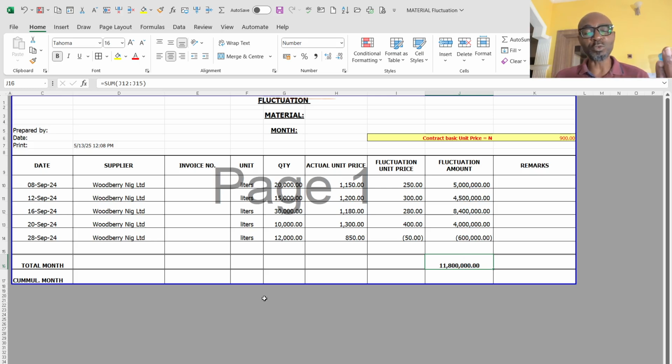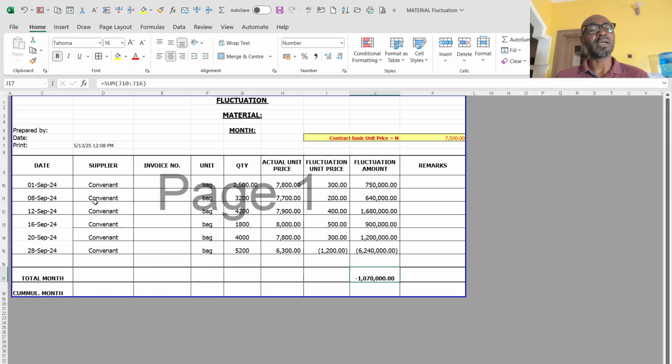Also for cement, the same thing. Covenant supplied on the 1st, 8th, 12th, 16th, 20th and 28th of September. And these are the bags that he supplied: 2,500 bags, 3,200 bags, 4,218 bags, 4,000 bags, and 5. And these are their prices, and these are the differentials.